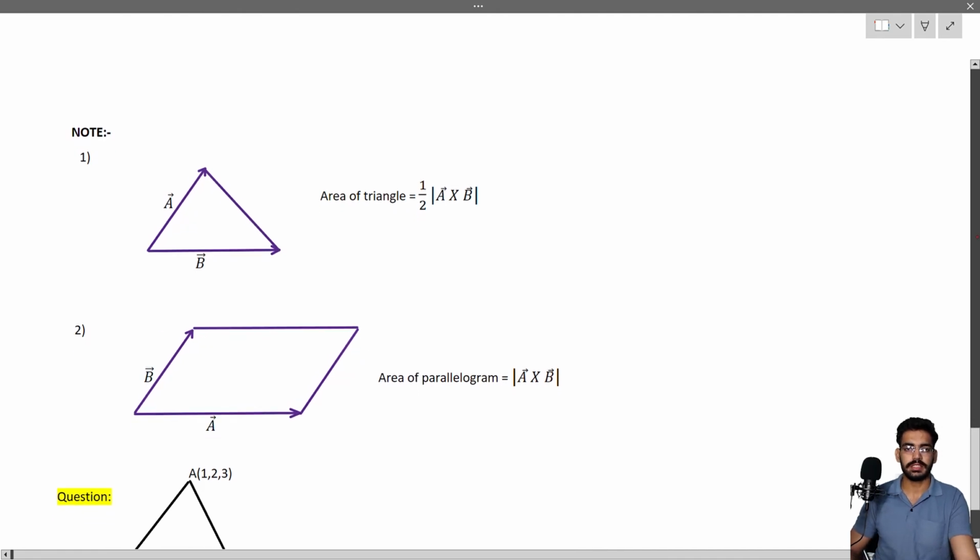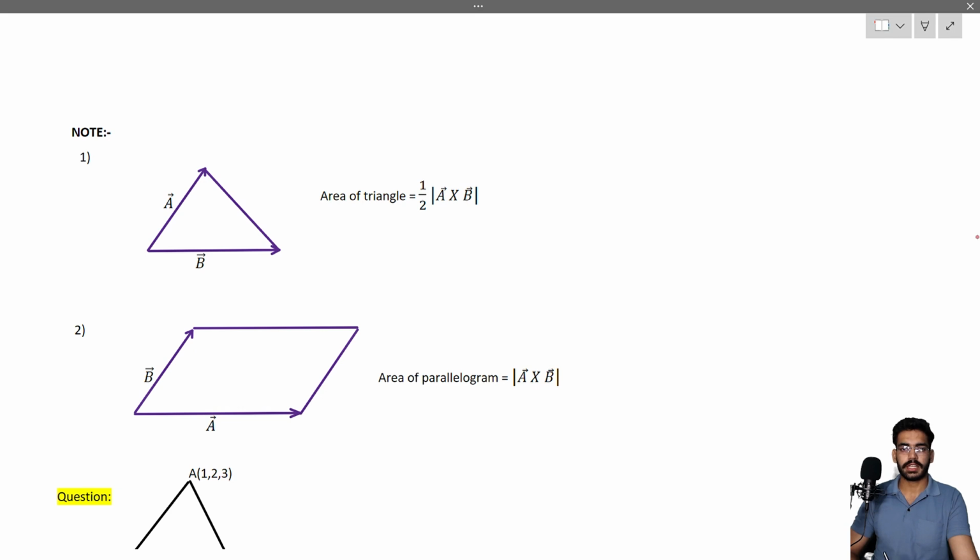What it says is, if you have a triangle and two sides of the triangle are denoted by the vectors a and b, then the area of this triangle will be half of a cross b. How did this formula come? First of all you have to remember this: half of a cross b.